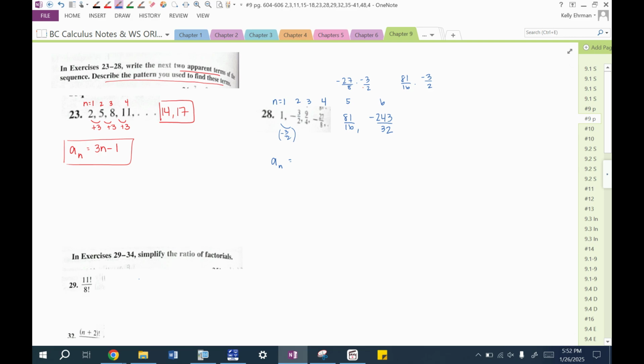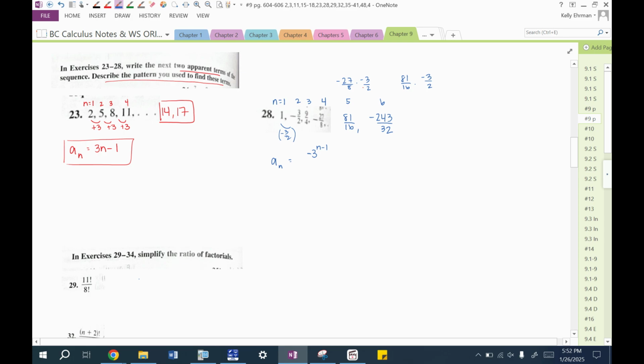The numerators are definitely powers of 3. And it looks like we're 1 behind. So the first term is 3 to the 0. The second term is 3 to the first. The third term is 3 to the second. So I think we can say we have 3 to the n minus 1. And we could also make that (-3) to the n minus 1, right?